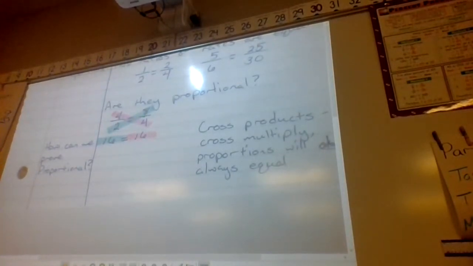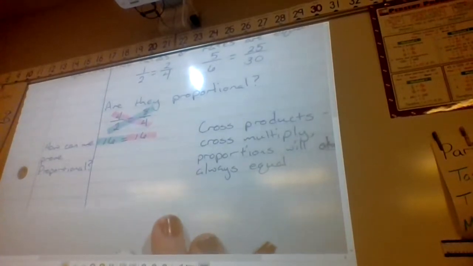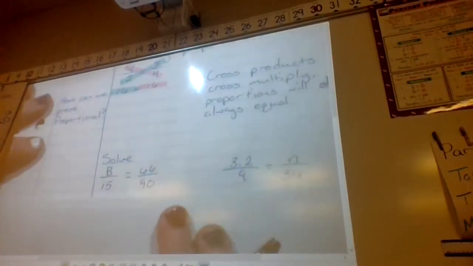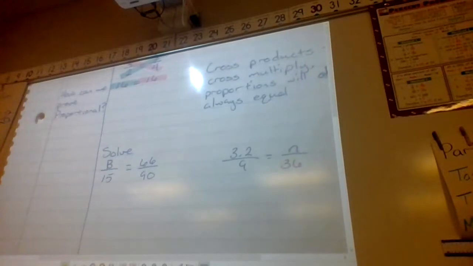Good, because now I'm going to make it a little bit harder. That's proving they're proportional, but our lesson today isn't prove proportional. Our lesson is to solve proportions. How we're going to solve proportions is you are going to have equations.